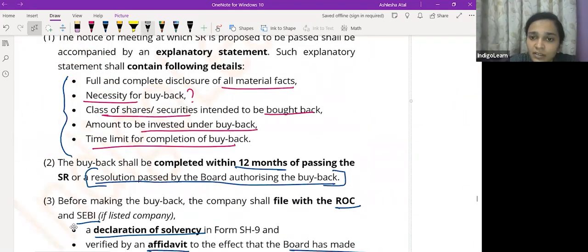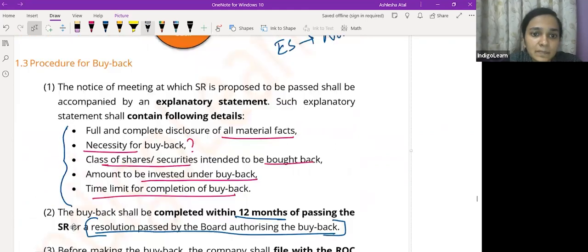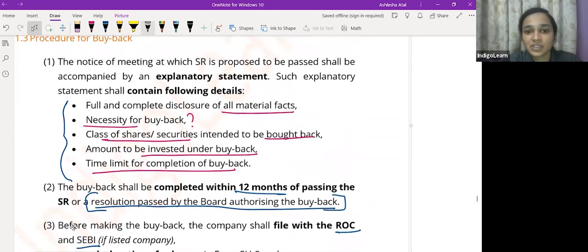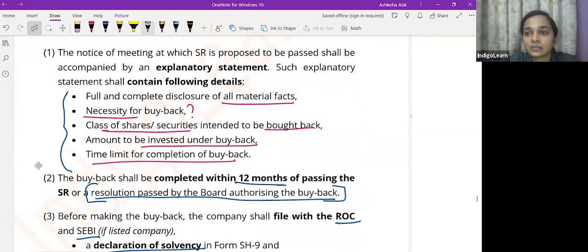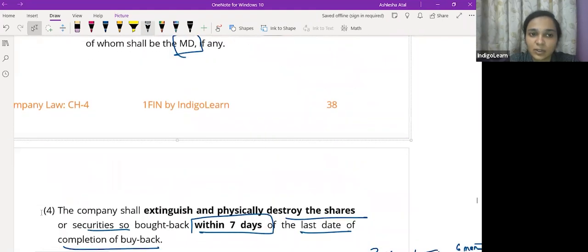Yes. Like they can purchase preference shares or equity shares, their wish, ma'am. It is usually equity shares which are bought back. Preference shares का buyback नहीं होता है generally. Okay, but they can do if they want. Yeah, they can. Why they will not do preference shares buyback, ma'am?